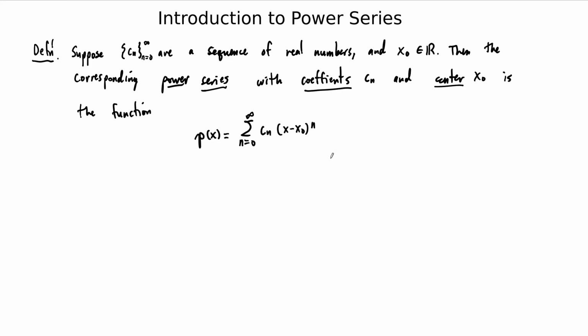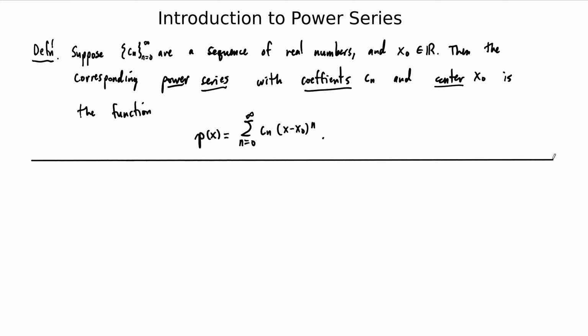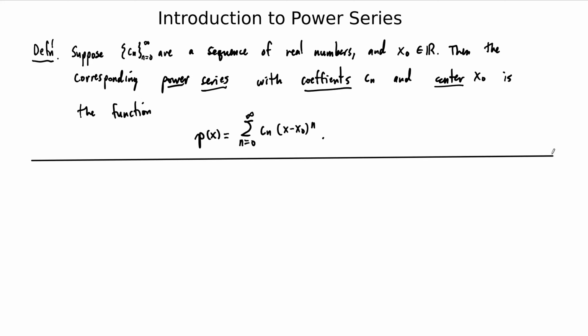All right, let's write out the first few terms, and you'll see why my original comment was that these are the analogs of polynomials. So this is the end of our definition. Let me draw a little line here to differentiate. Let's write down the first few terms of a power series with this coefficient sequence. Everything is symbolic right now, but our P of x is going to be, when n is equal to 0, whatever the first term of the sequence is times 1, right?